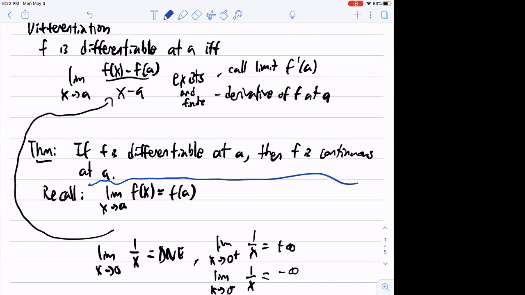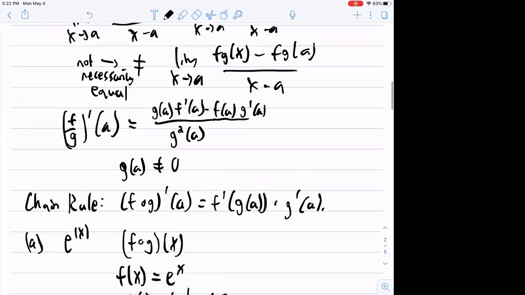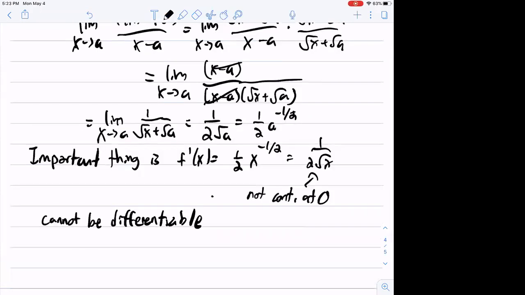In other words, if your function is not continuous, you can't be differentiable. So the function here is not continuous, right? So basically I'm saying, they didn't really define this, but f double prime does not exist at 0, right?